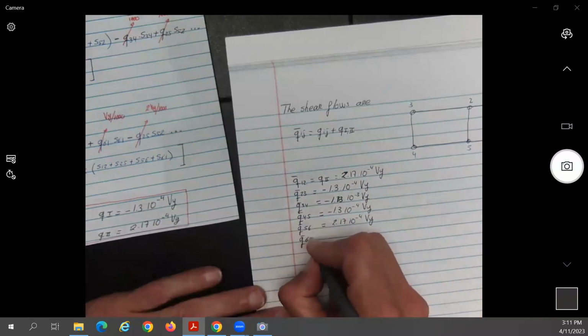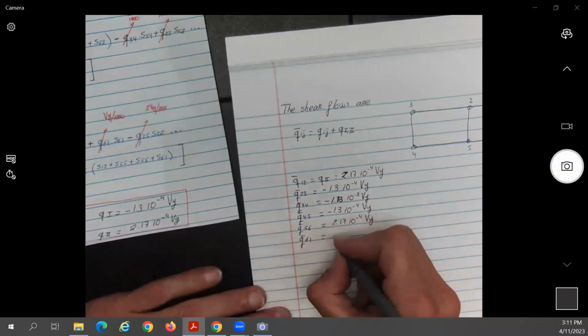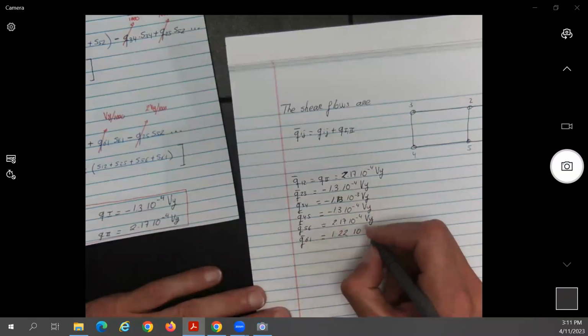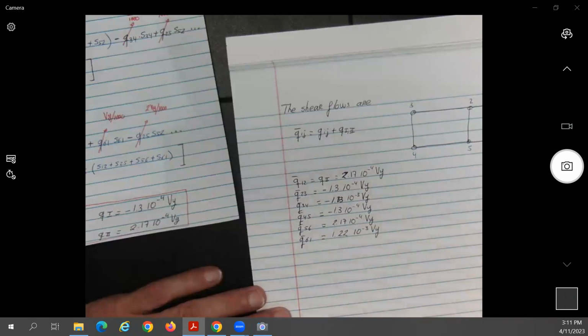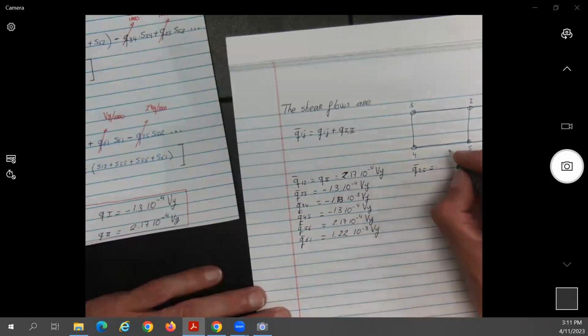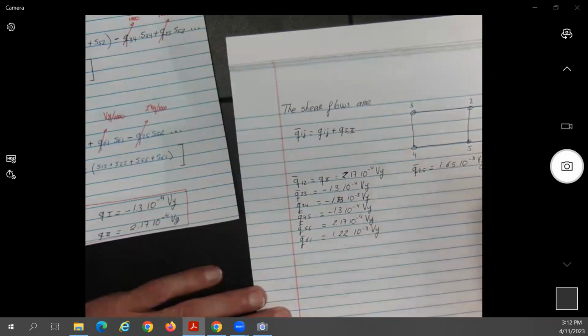Q bar 6, 1 equal to 1.22 10 to the negative 3 Vy. And Q bar 2, 5 equal to 1.65 10 to the negative 3 Vy.